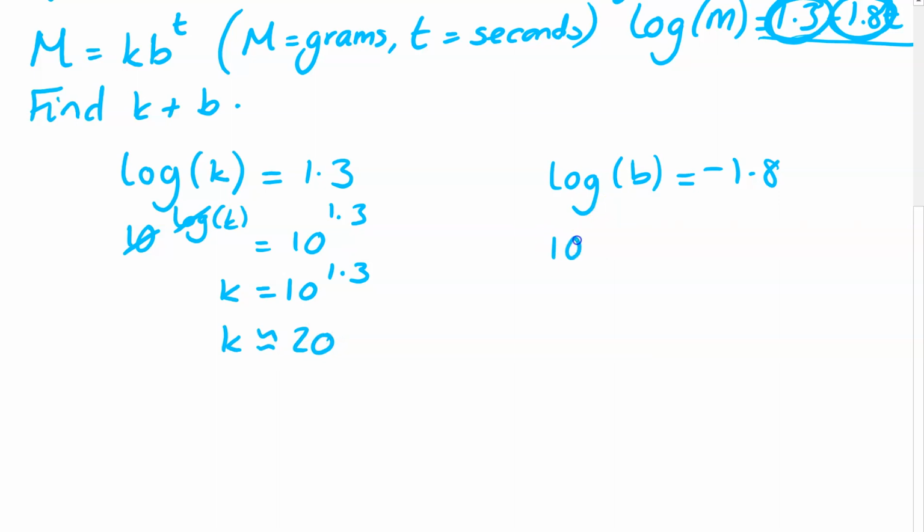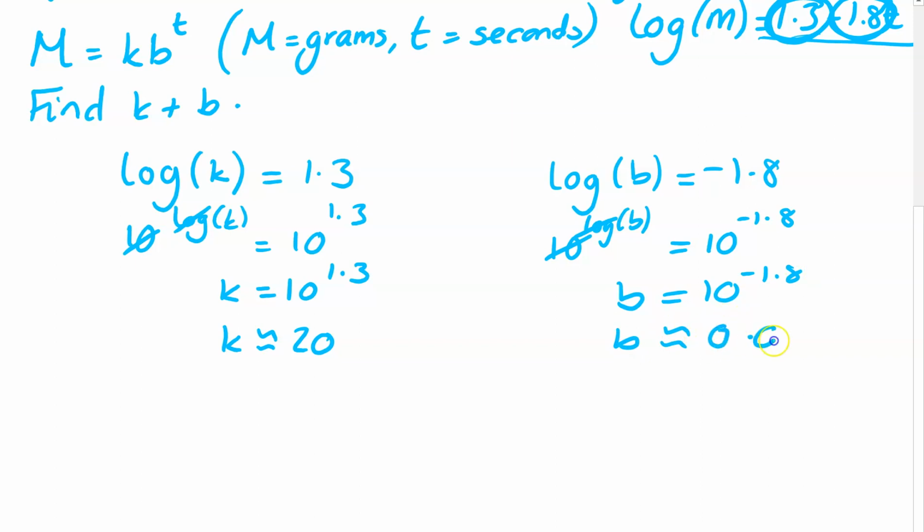Same here, so 10 to the power of log of b cancels out to give you b. So b is approximately 0.016. There you go, done. It's matching up parts of an equation.